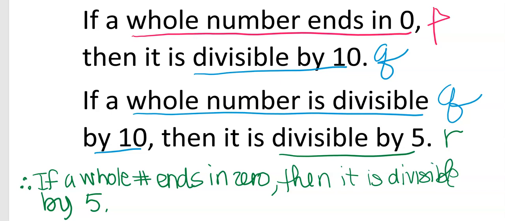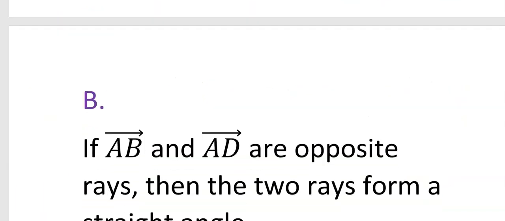Okay, if I switch those two and I said if a number is divisible by 5, then the number is divisible by 10, would that one work? So if I said the number 35, is 35 divisible by 10? No. Then that's why it's false, is because when you switch them and they're not in the right order, it doesn't work. Okay? And you could give a counterexample there.